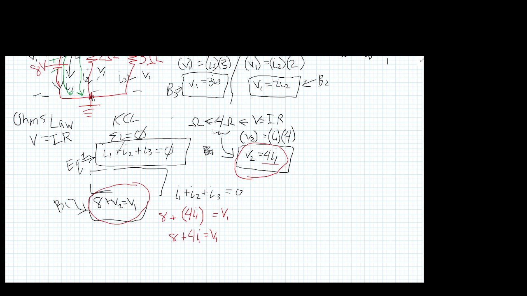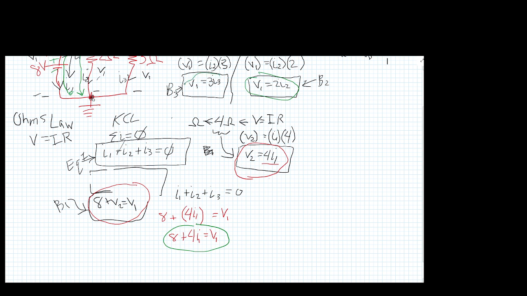Let me get a different pen so we can see what we're doing better. How about if we use this equation here for the V1 and this equation here for the I2. So notice these two equations.